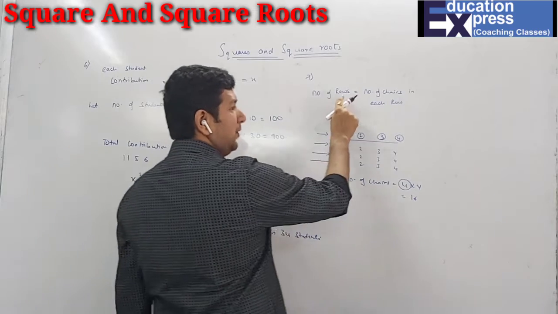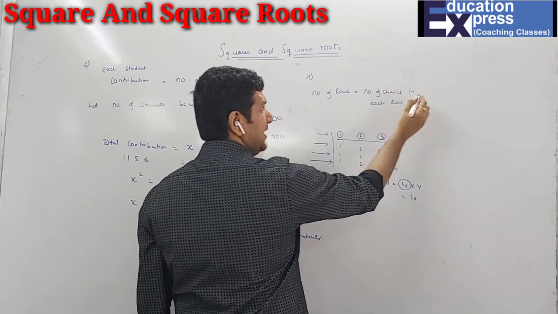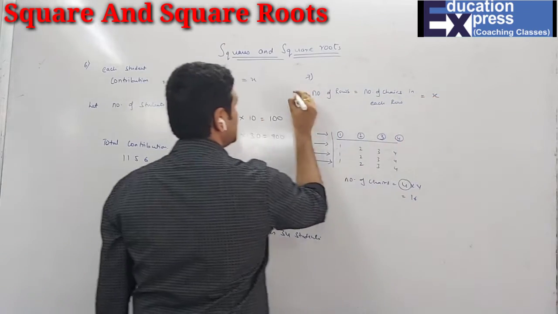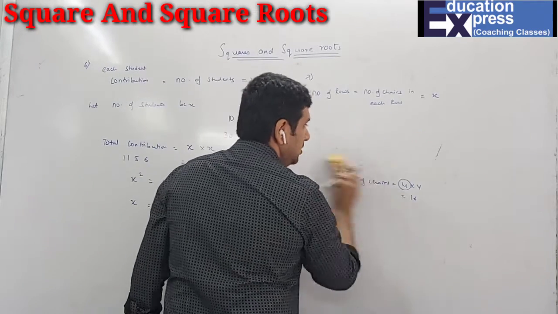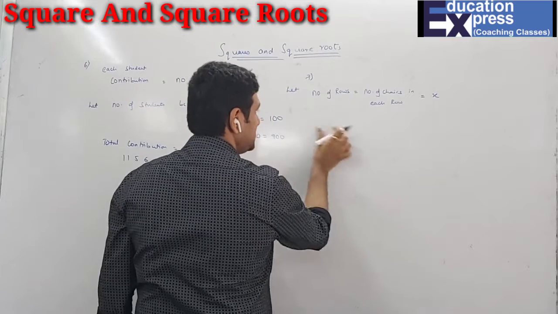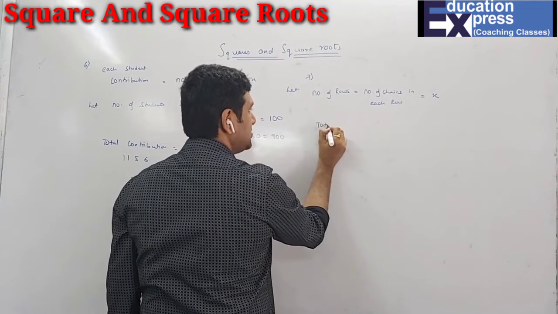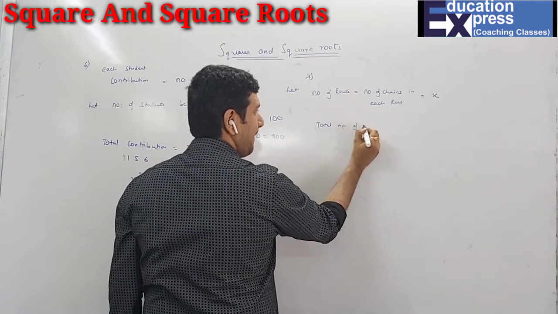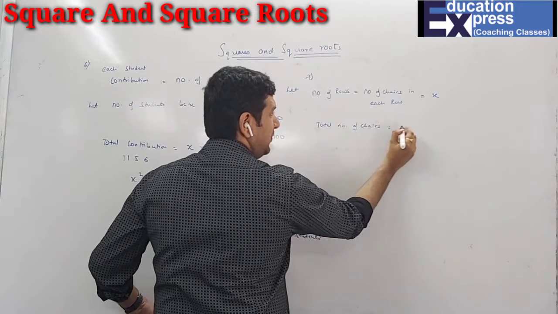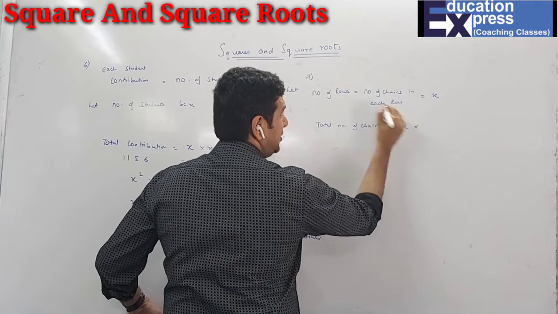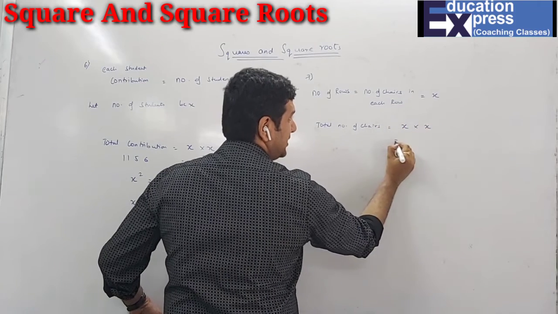Similarly, the number of rows over here is equal to the number of chairs. Let it be x. So the total number of chairs will be the number of rows into the number of chairs in each row, that is x square.